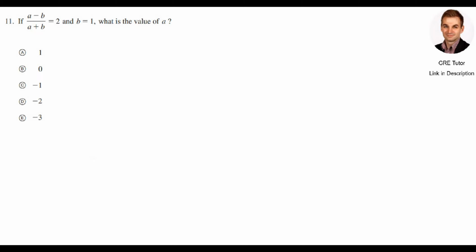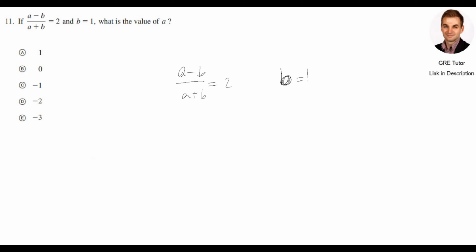Okay, so this says (a minus b) divided by (a plus b) is equal to 2, and b equals 1. What is the value of a? Alright, so let's write it out: a minus b over a plus b equals 2, and b equals 1.